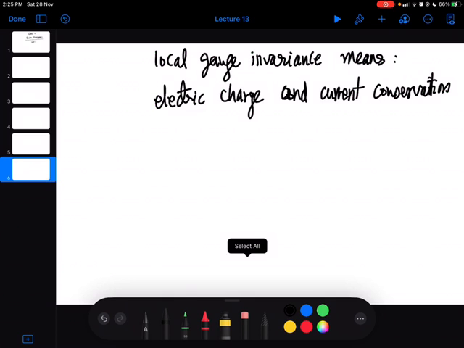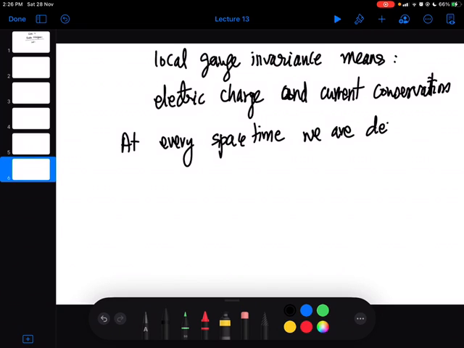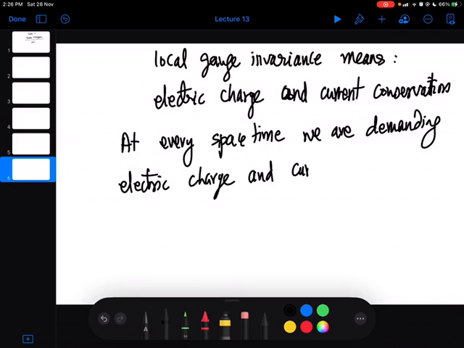At every space-time point, we are demanding electric charge and current conservation. This is not true in the global case, but now that we are demanding it at every space-time point, this current automatically conserves it by introducing a photon field.